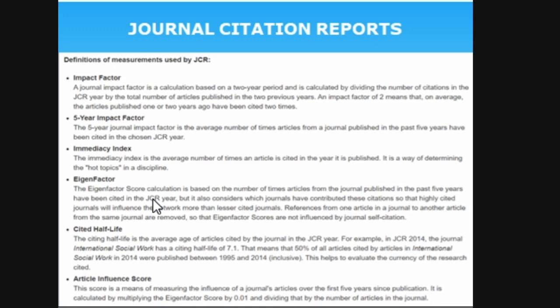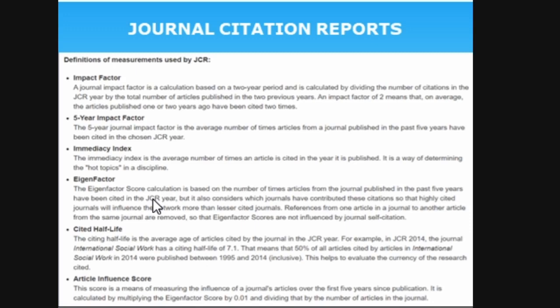It is like impact factor, but it takes data from the last 5 years of JCR, and it not only computes that. It takes the highly cited journals into account and leaves out the journals with low citations. So in order to determine which journals have the most impact, the Eigenfactor is used.